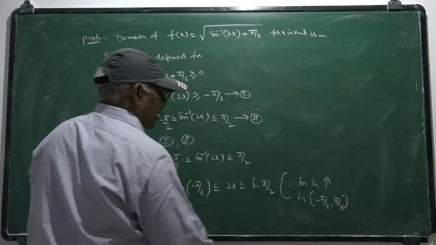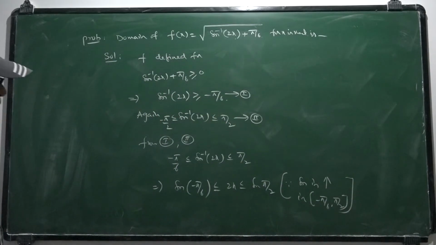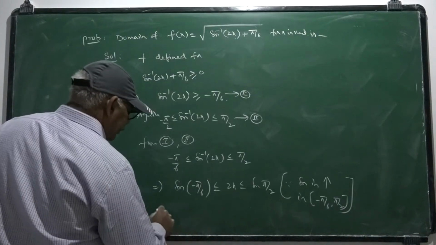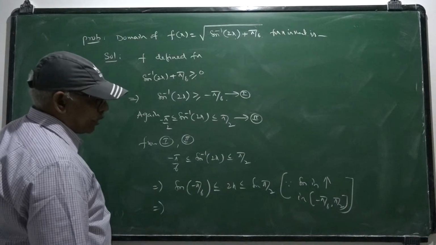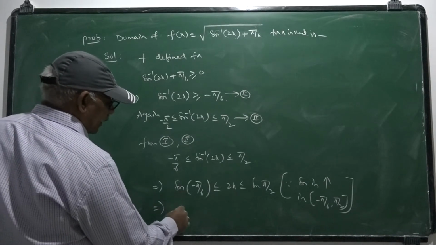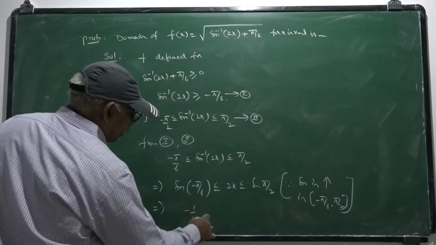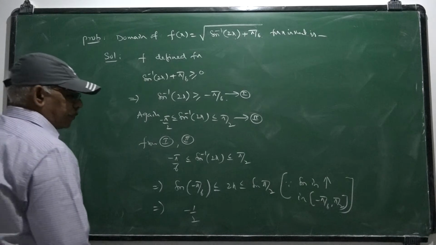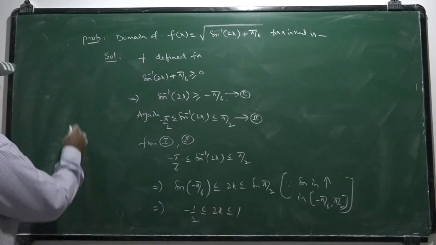So that implies sine of minus pi by 6 is minus sine pi by 6, sine 30, half. So minus half is less than or equal to 2x is less than or equal to 1.